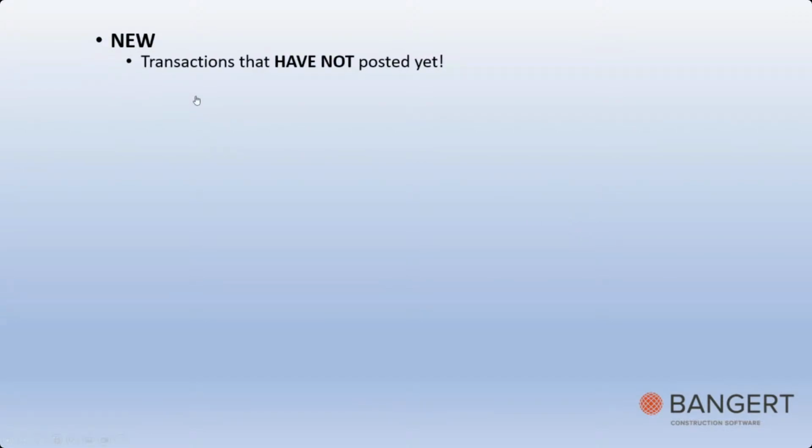For example, the new file. A new transaction file is a file that has not been posted yet in that module. So if you are looking in the general ledger at the new transaction file, that transaction has not been posted through the system yet, and it is not part of the master file totals.